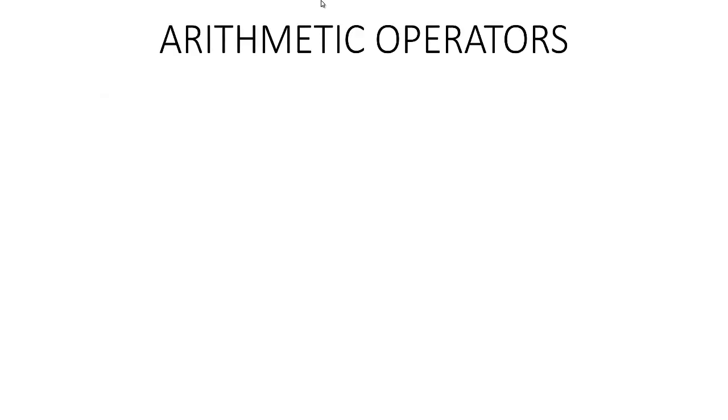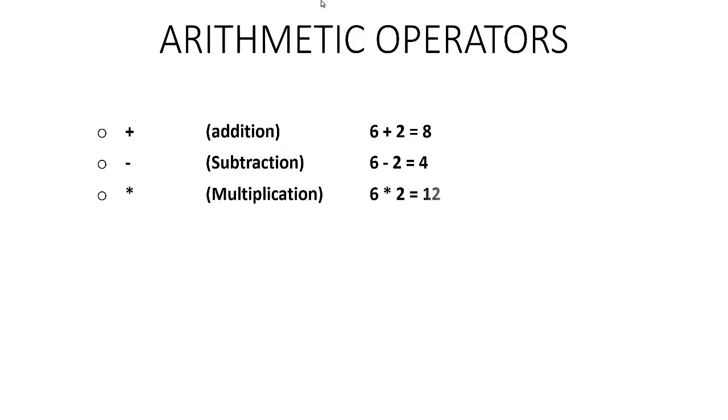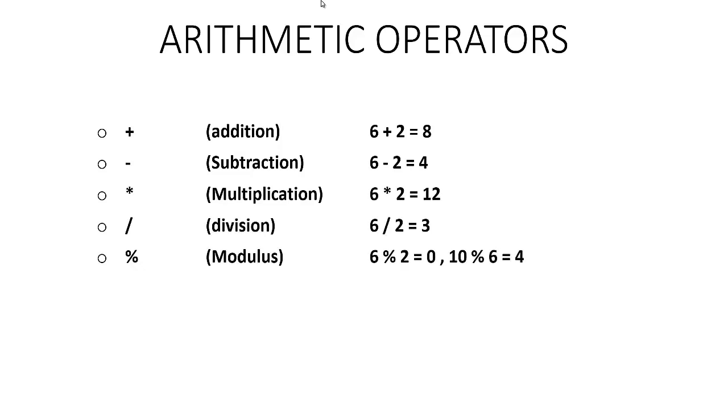Arithmetic operators are the simple ones that start with addition, subtraction, multiplication, division, and the modulus. You must be familiar with the starting four: plus, minus, multiplication, division. But this percent sign is a new one for you. In programming languages, it gives you the remainder of any division.